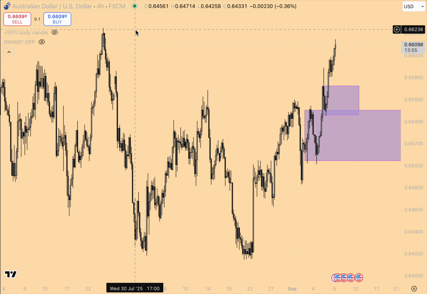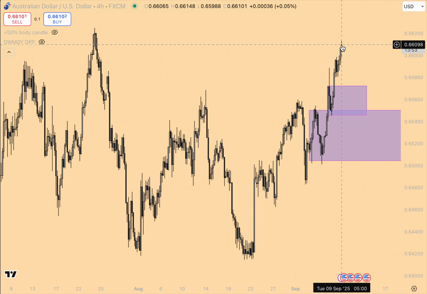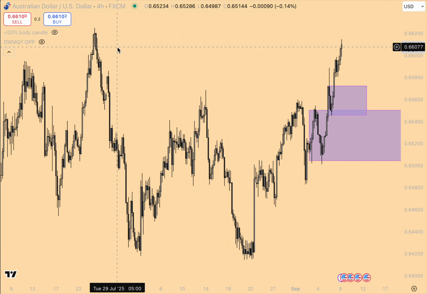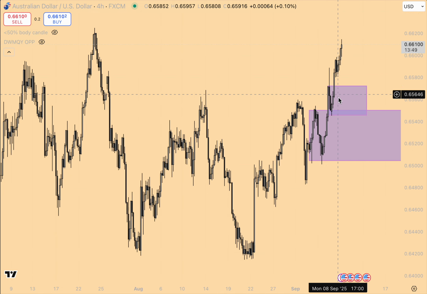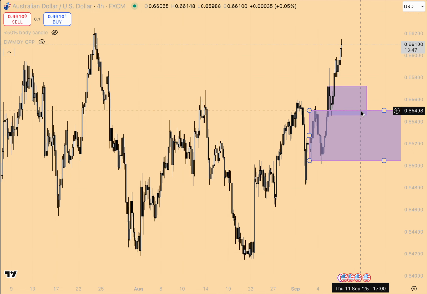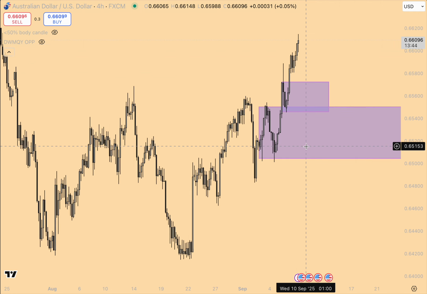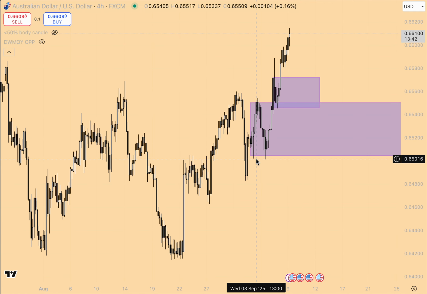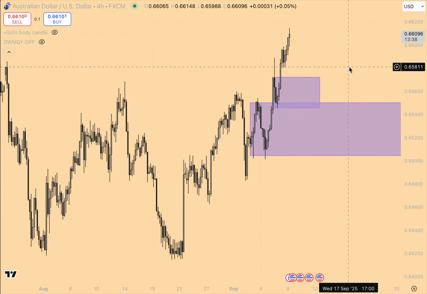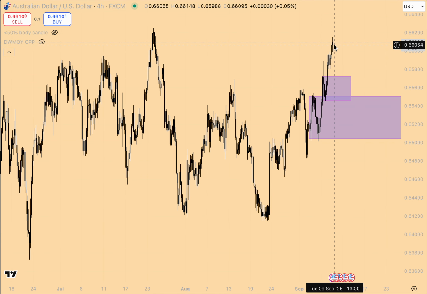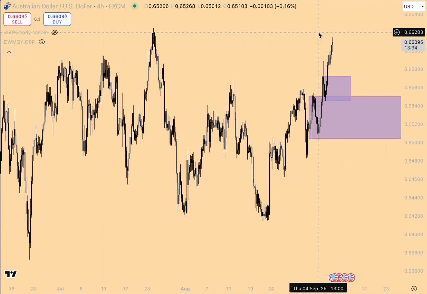If we see a change of character from here, then we can assume that it wants to sell back into this area at least first, or we can target this equal low that is left behind here. So let's see how it reacts when it gets to this top.